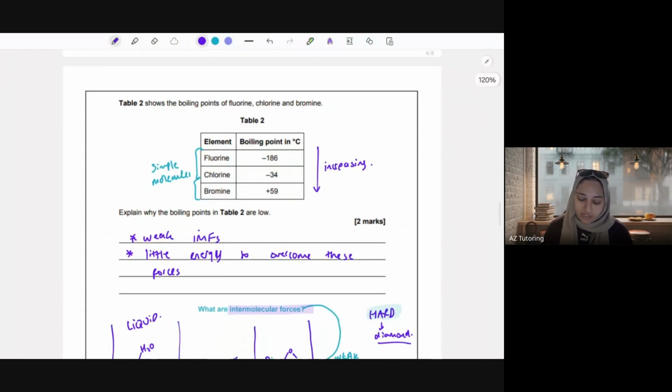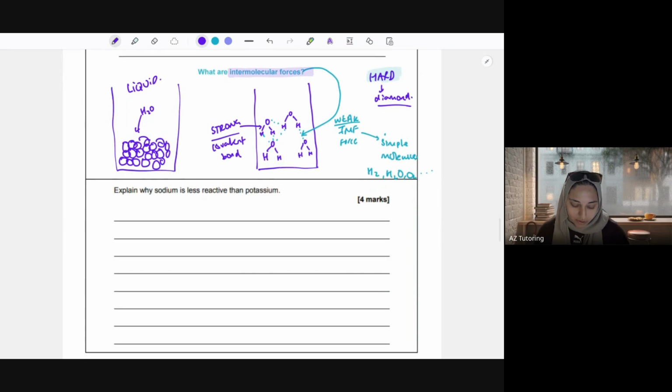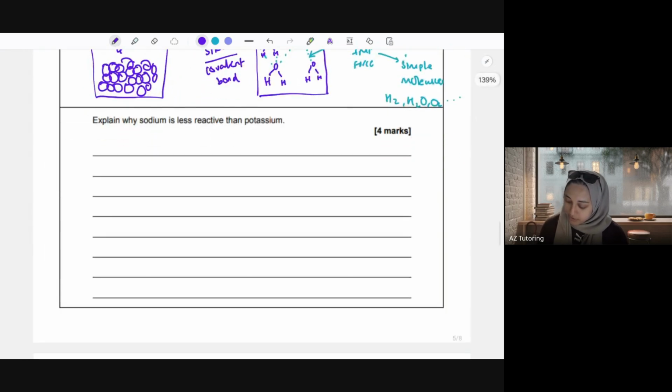So it's all about increasing size of molecules. But just be careful not to talk about intermolecular forces with ionic or metallic bonding, just covalent bonding, and that's it.